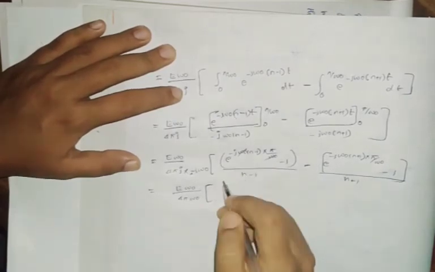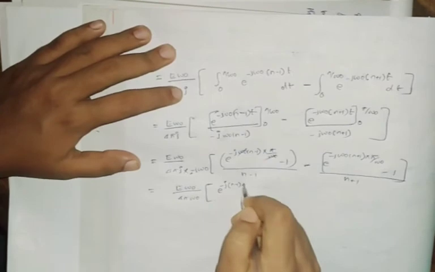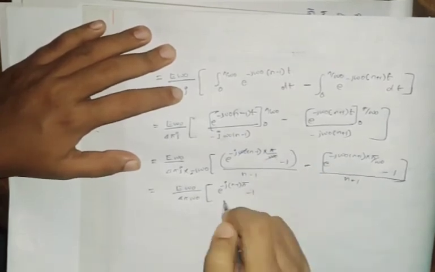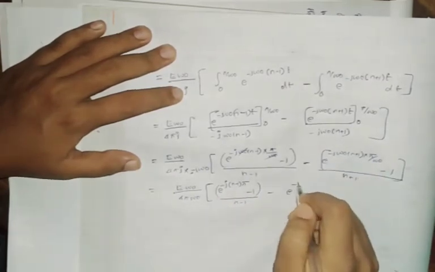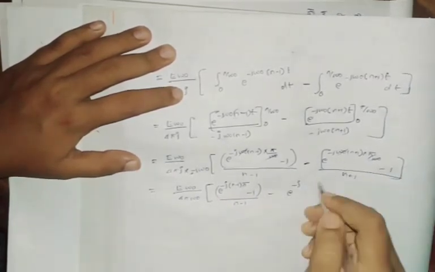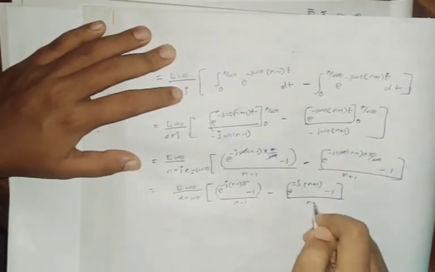Omega 0 cancels out and we will get minus j n minus 1 pi minus 1 divided by n minus 1, minus e raised to minus j n plus 1 pi minus 1 divided by n plus 1.